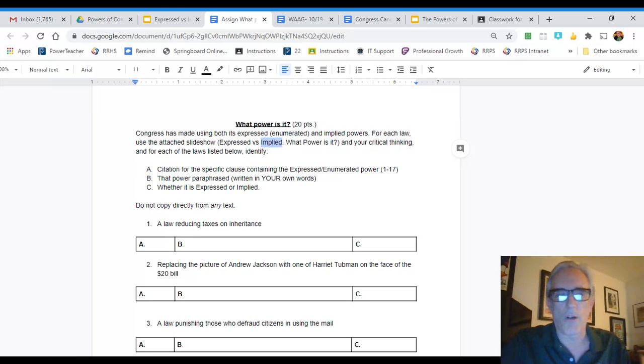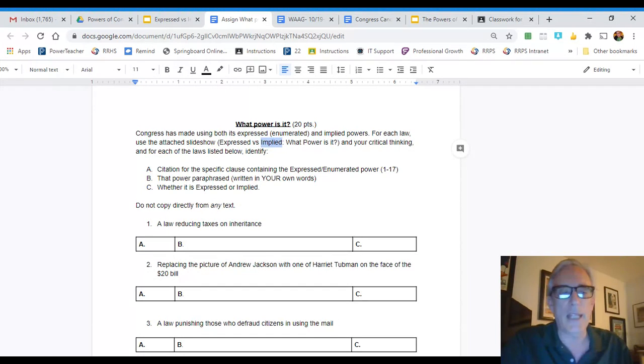That would be the Internal Revenue Service, IRS. It allows Congress to make laws to punish people who commit tax fraud, right? They're things that are logically connected to the expressed or enumerated powers, but they're never made without at least one of the expressed or enumerated powers.